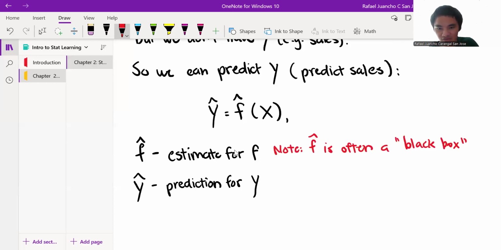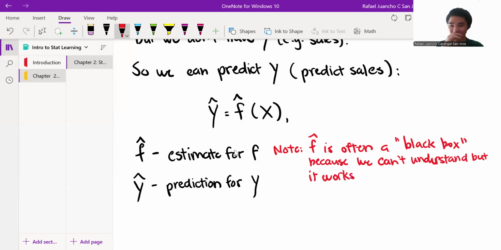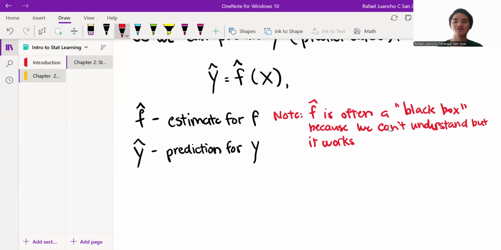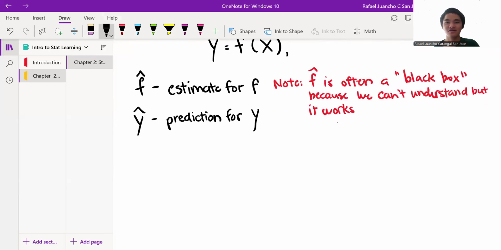So, in my terminology, because we can't understand it, it's something we can't understand, but it works. Funny enough, it works. It yields accurate predictions, but we can't understand how it works underneath the hood. If you guys have taken pre-calculus or even calculus, it's not some function like 2x where we can just predict exactly that, right?